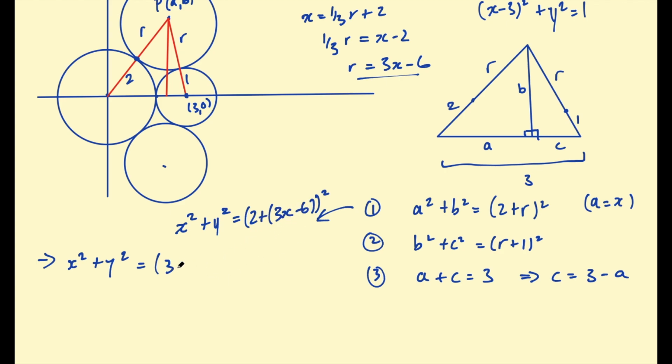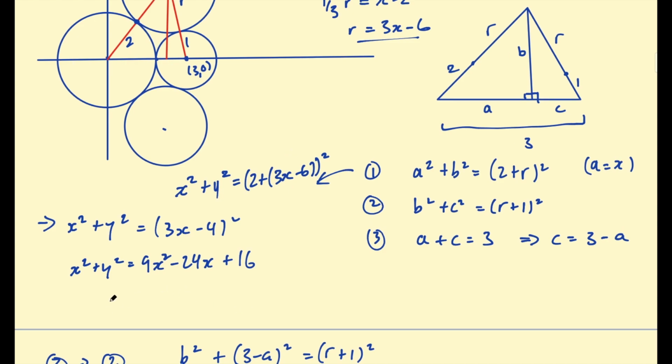So in the brackets here, we just have 3x take 4 all squared. Then x squared plus y squared equals 9x squared take 24x plus 16, sorry, 9x squared. Then we have y squared equal to 8x squared take 24x plus 16.